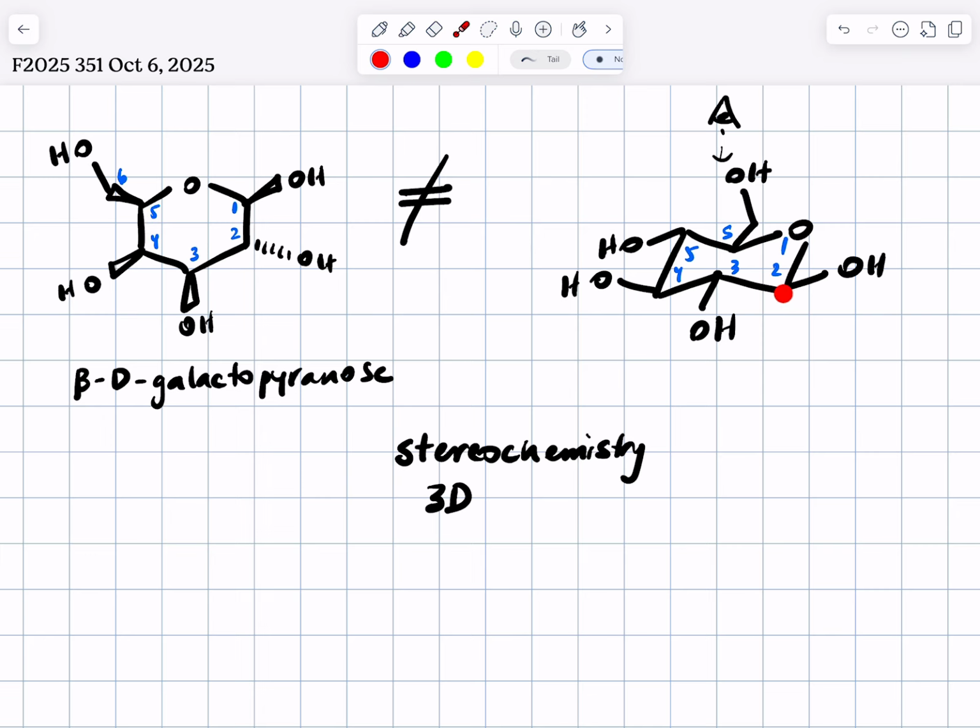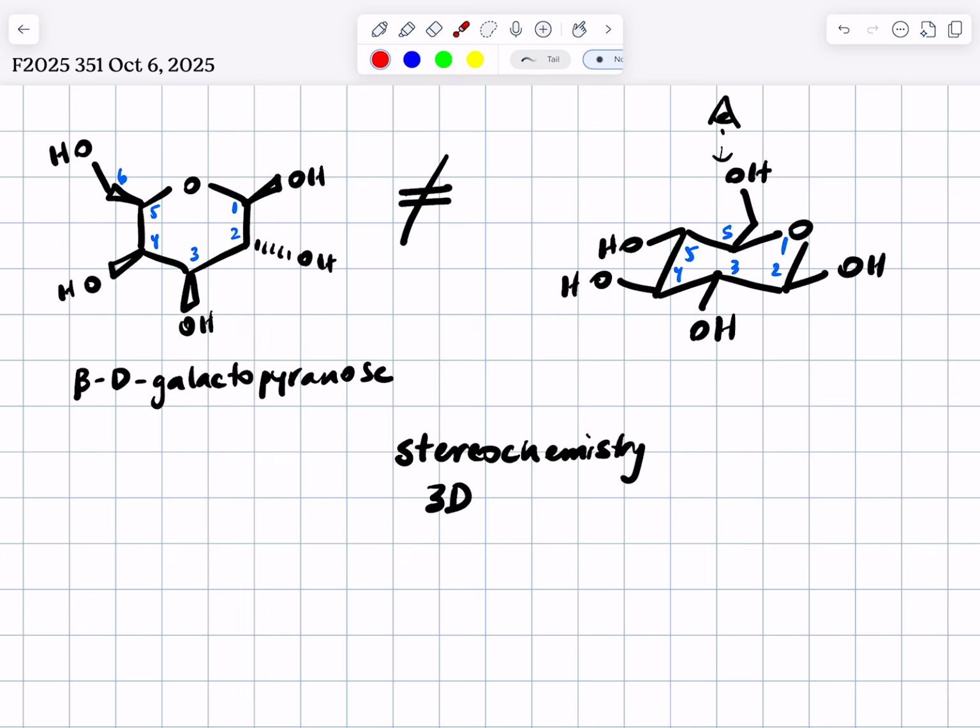So up and down is different from axial and equatorial. That's a concept you need to get. Up can be either axial or equatorial depending on what carbon you're on. How do you know this is an up OH group? Which direction's up? Up, right? That's very helpful.